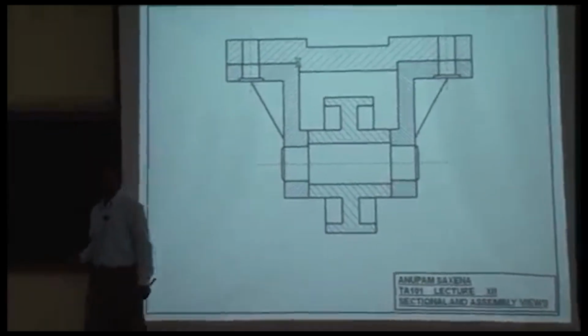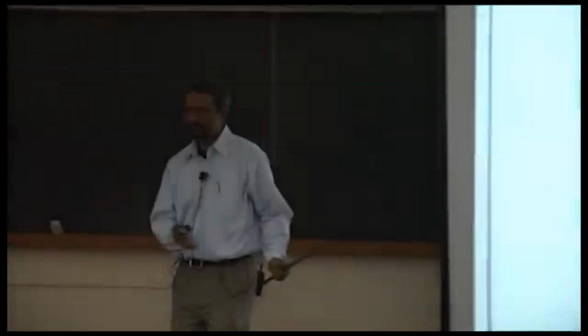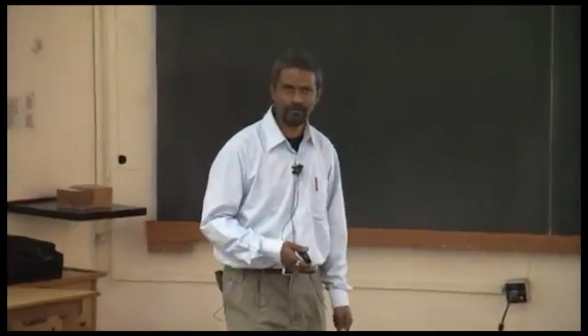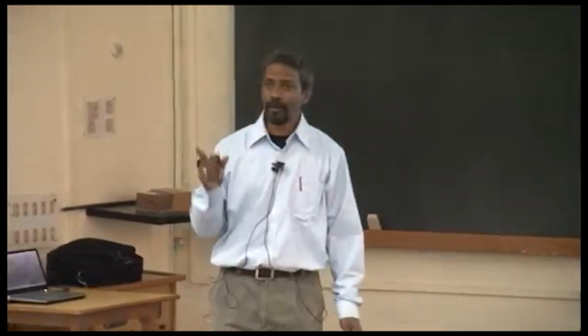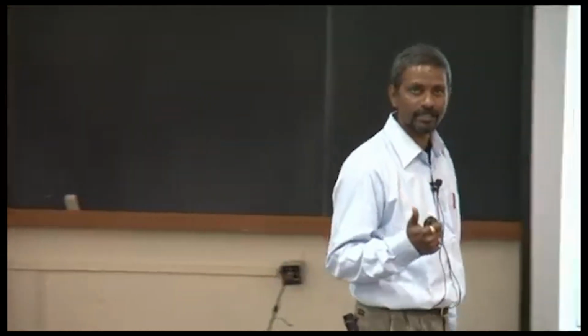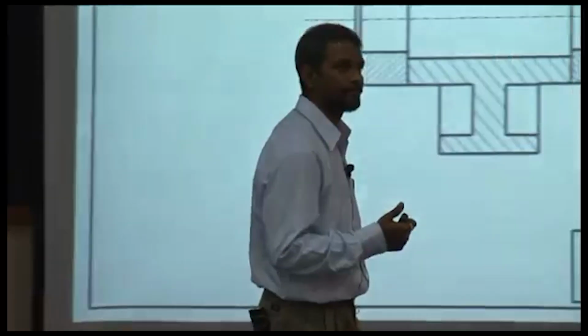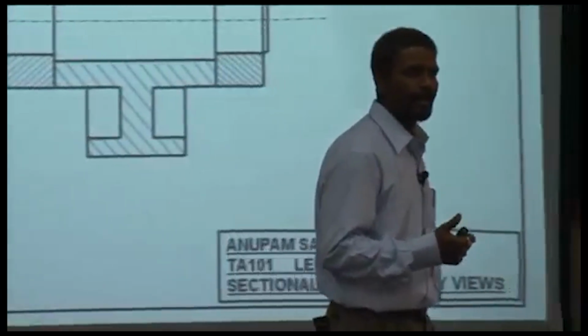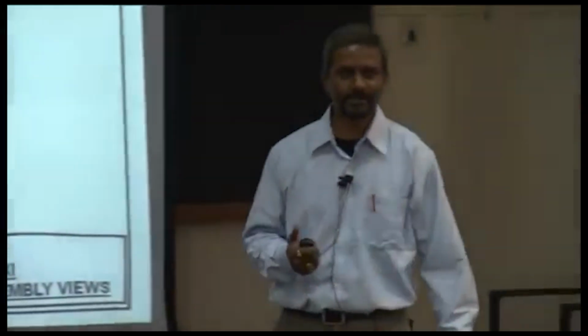All you need to show using hash lines is that these are different components. 4 different components. The ribs are not hashed. The shaft is not hashed. And then I'm going to be introducing fasteners or bolts. They will not be hashed. Good enough?